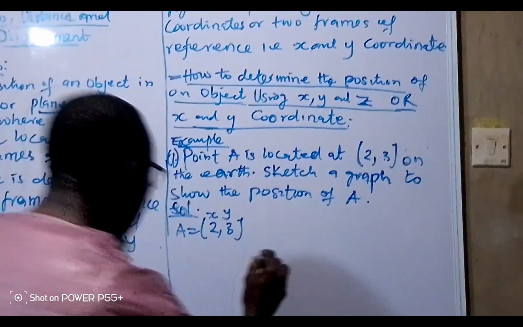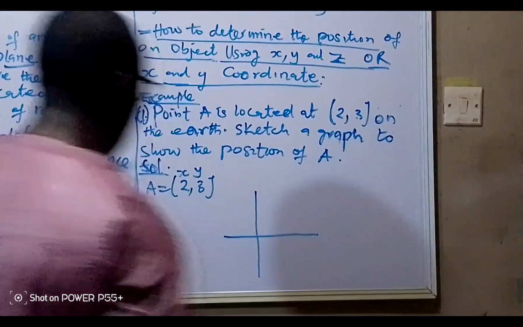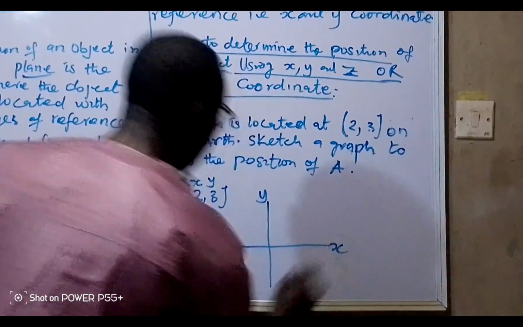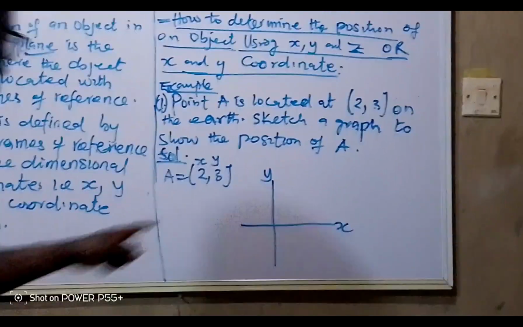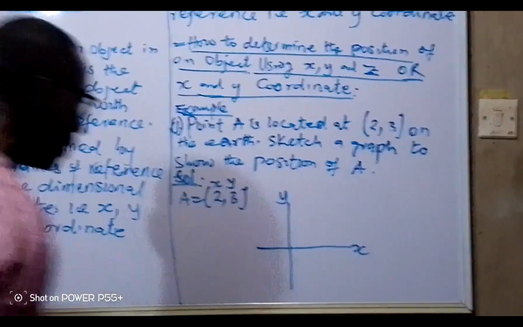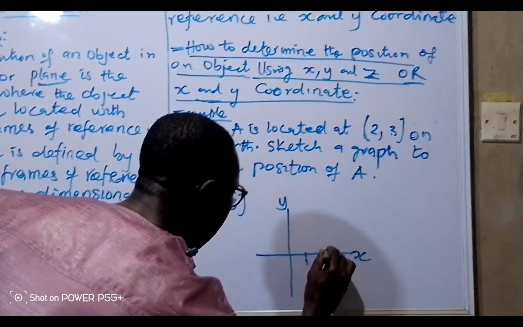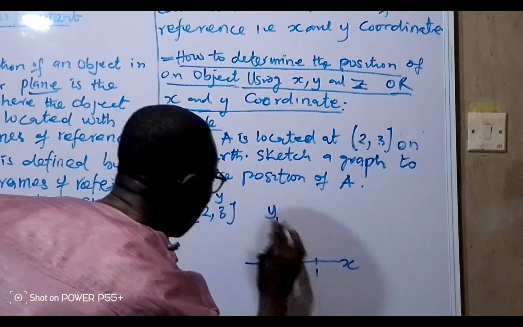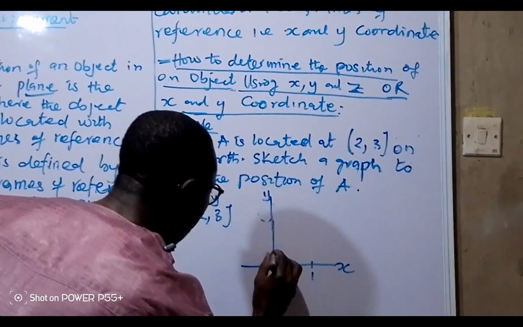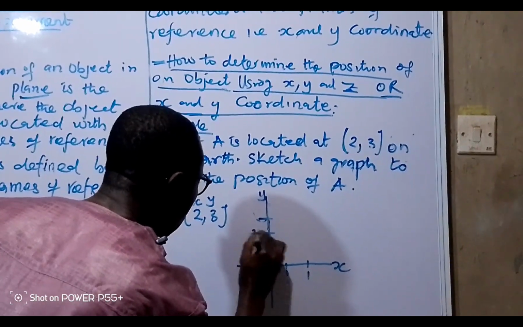Now, to show it on a graph, just draw your X and Y coordinate. According to this figure, X is positive, Y is positive. Just to show a sketch, you can put this one as 1, 2 for X, and Y, let's say this is 1, 2, 3.